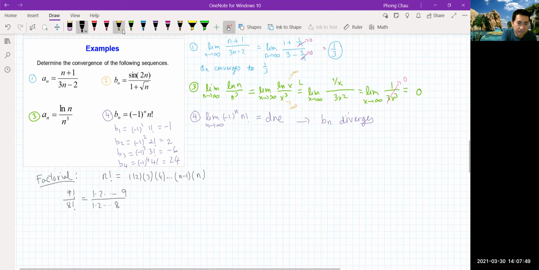And so all of these cancel. What's left? 9. Right? So it's 9. You see that 9 is bigger than 8, so the 9 survived, the rest is gone.